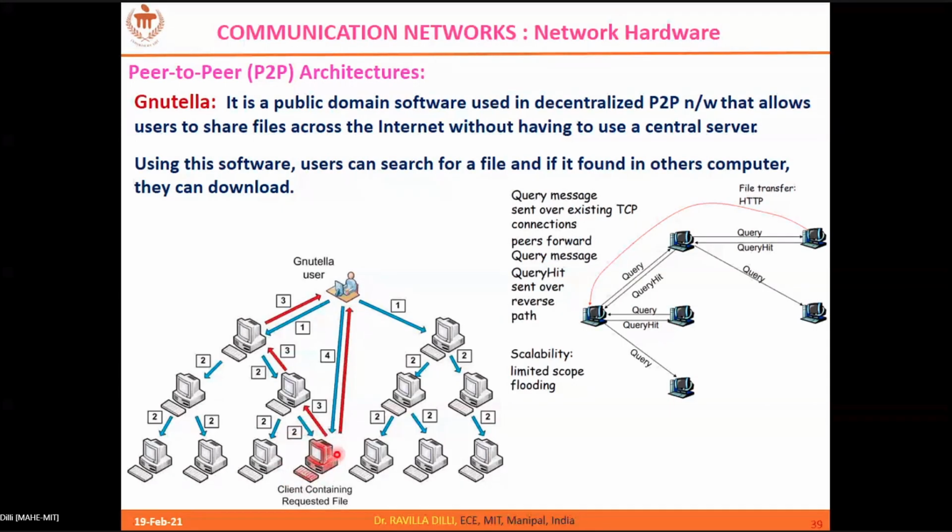Here this system has the requested content, so he will reply back through the path by which the query was traversed. Like that, as a user, you can get the content which is available with any of the nodes in the network. So it is called a flooding mechanism.